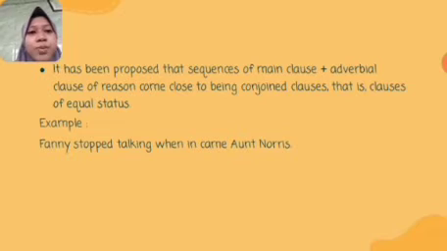It has been proposed that the sequence of main clause plus adverbial clause of reason comes close to being a conjoined clause, that is, clauses of equal status. Example: Fanny stopped talking when in came Aunt Norris.